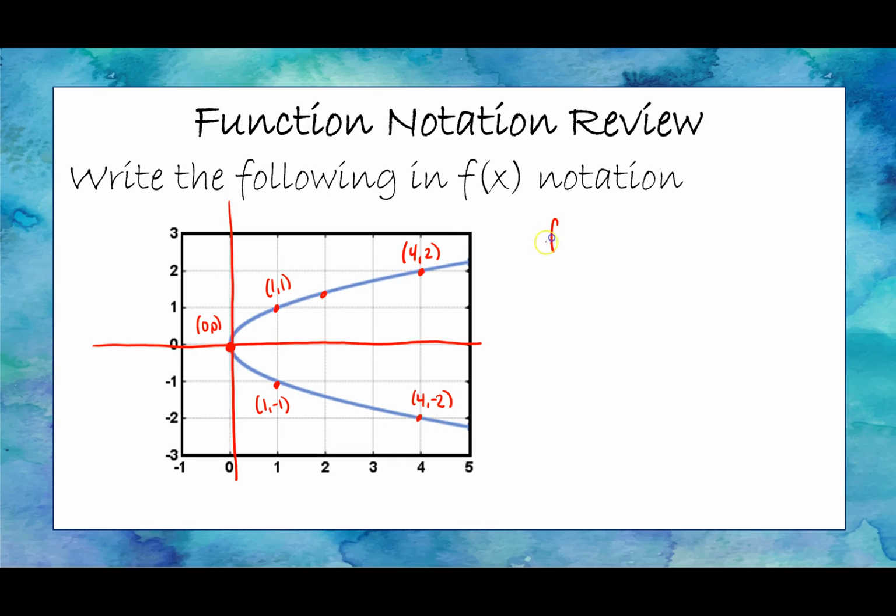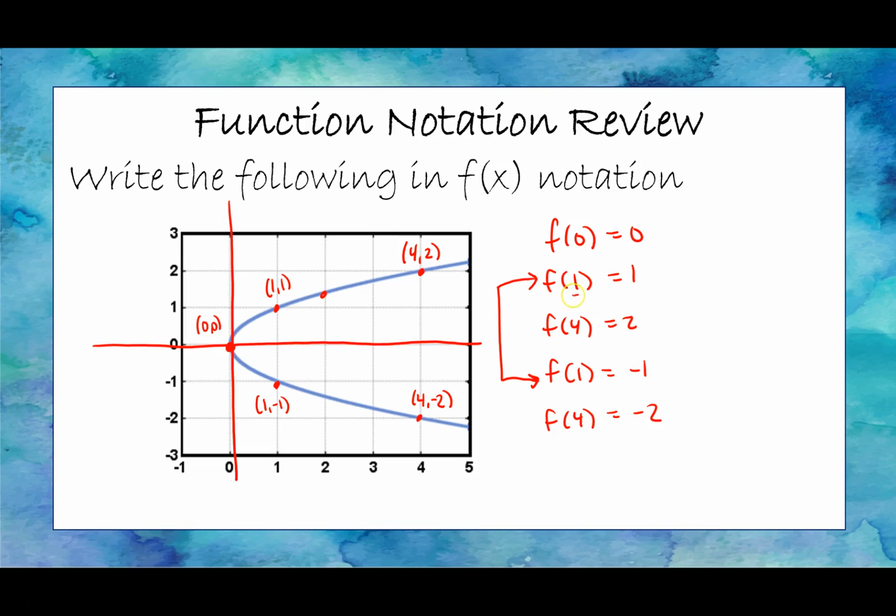So we would say on this problem that f of 0 equals 0, f of 1 equals 1, f of 4 equals 2, f of 1 equals negative 1, and f of 4 equals negative 2. And you should have said in your brain, wait a second, this is not a function. And that's true because of this situation right here.